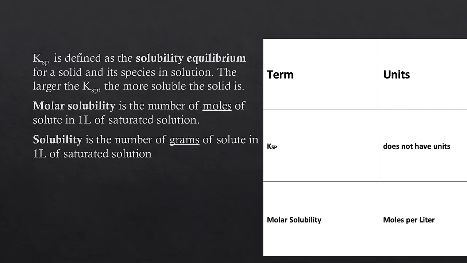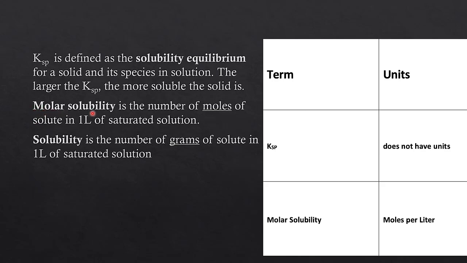Otherwise known as Ksp, this is defined as the solubility equilibrium for a solid and species in solution. The larger the Ksp, the more soluble the solid is. And that sort of makes sense, right? Because a larger Ksp means that we're going to have more products, or it's driven more towards the right. So in the previous case, the reaction to the right meant towards the ions, meaning it's more soluble, right? And so now there are two other instances with solubility.